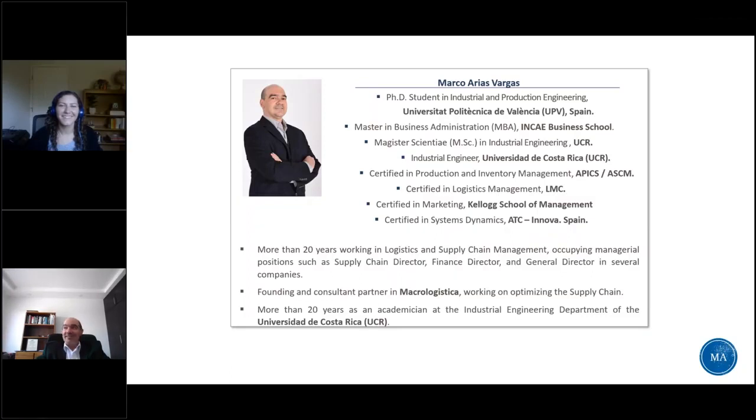Now I'm doing a doctoral research in this field, relating resilience in the supply chain with forecasting and replenishment, inventory replenishment models. I also have managerial experience in several companies, and I've been teaching at the University of Costa Rica in the Industrial Engineering Department for more than 20 years.